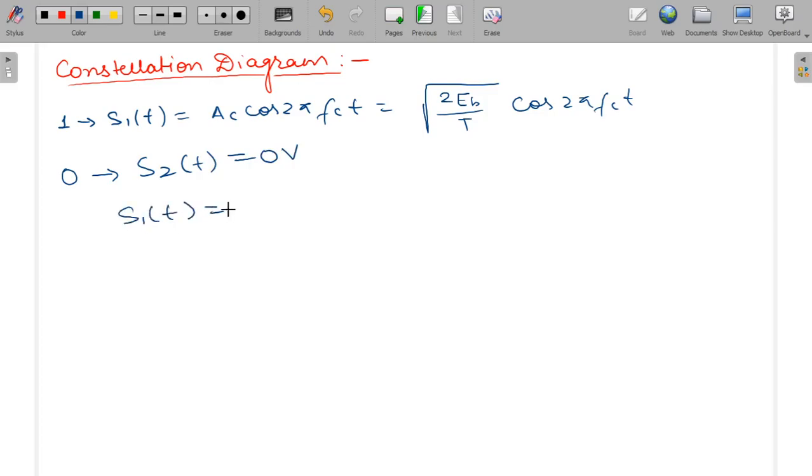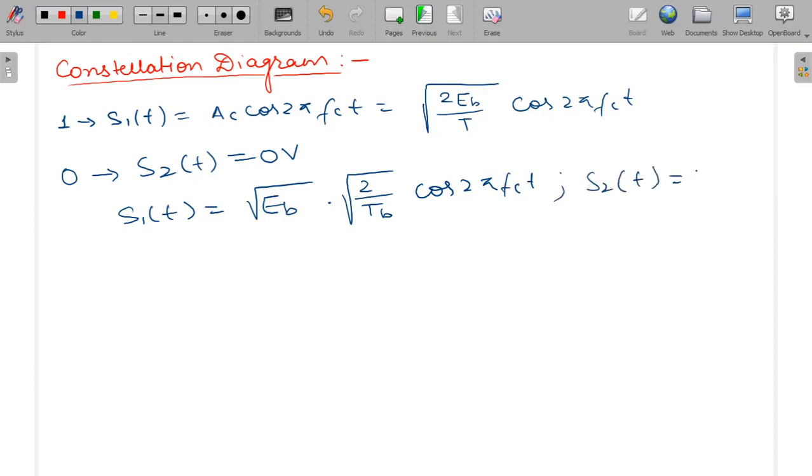So S1(t) is equal to root Eb into root 2 by Tb cos 2 pi fc t. On the other hand, S2(t) is equal to 0. Okay.